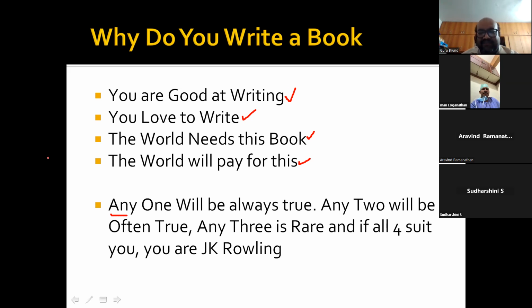So remember this, all these four won't be met immediately. If you have a tick mark in all four boxes, then you are J.K. Rowling, Sidney Sheldon, or someone as big as this. So the moral is, even if two boxes tick, you have to go on with the book.